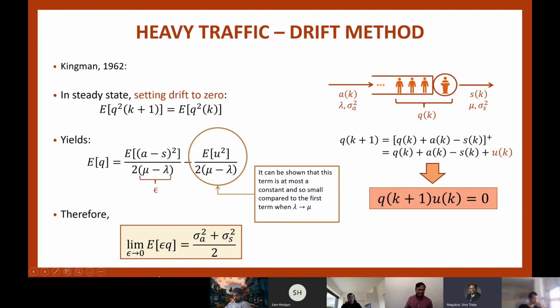So essentially, we have that the heavy traffic scaled, that is epsilon multiplied by the mean Q length, in the limit as epsilon goes to 0 converges to simply the average of the variances. An interesting thing to notice about this is that it doesn't depend on the whole distribution. The distribution of the arrival process and service process can be arbitrary. As long as the means and variances exist, we have a result that looks like this.